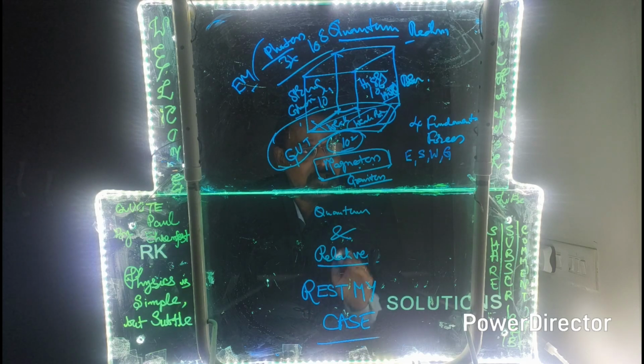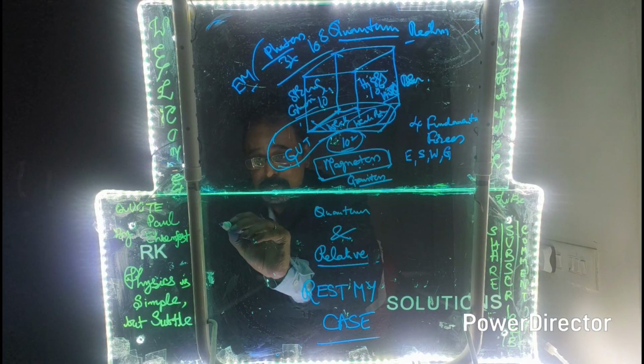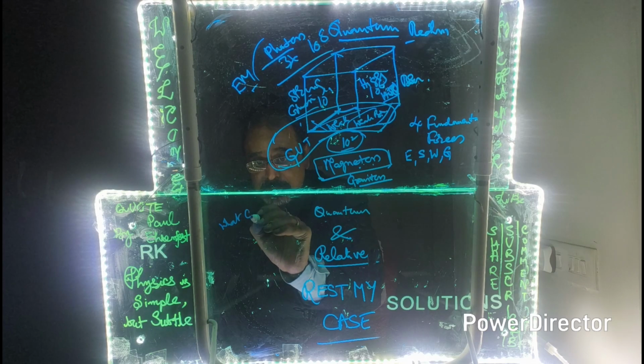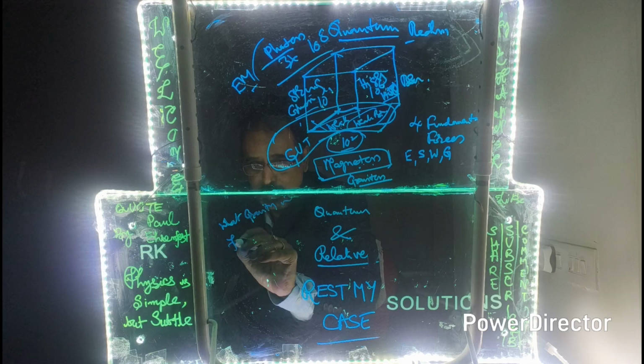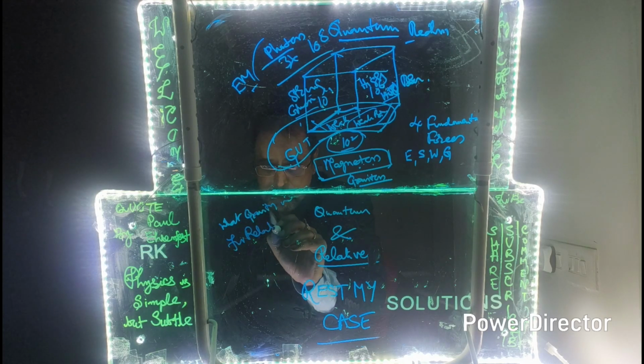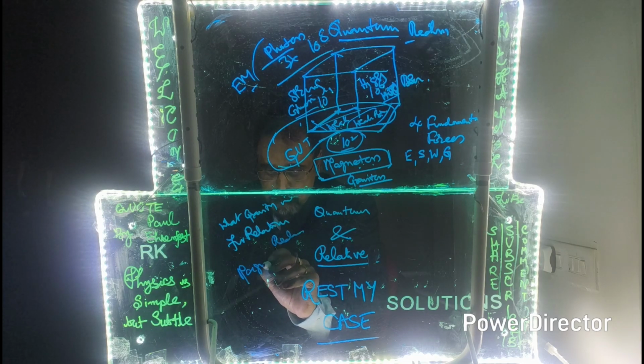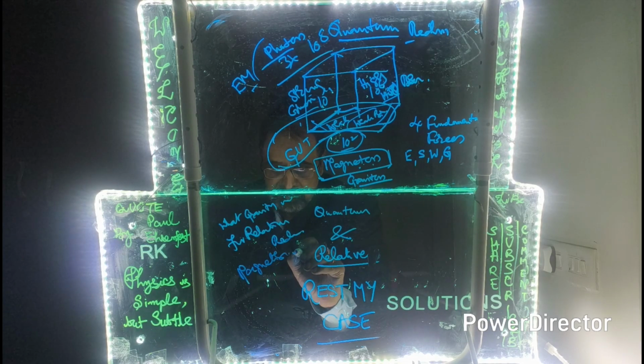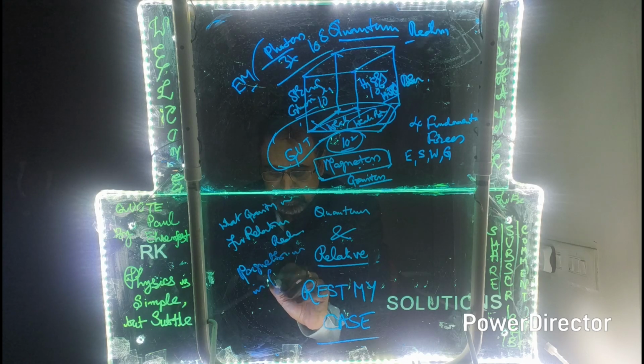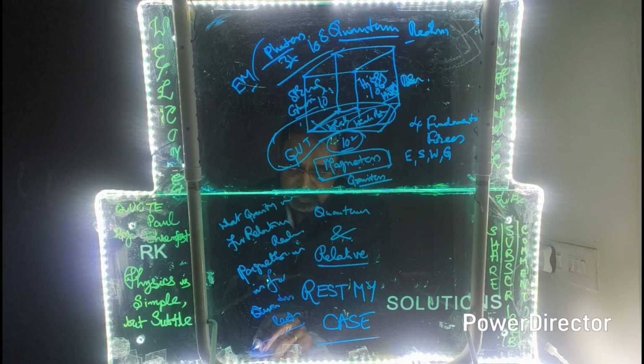All the while, I have been telling the same thing for the past 15 years or so. Gravity is for the relative world, and magnetism is for the quantum.